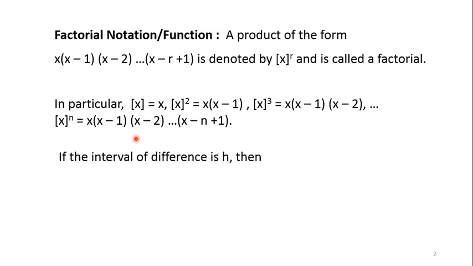If the interval of difference is h, then we define the factorial function as x into x minus h, x minus 2h, and so on up to x minus n minus 1 times h. The factorial notation is especially useful in the theory of finite differences.